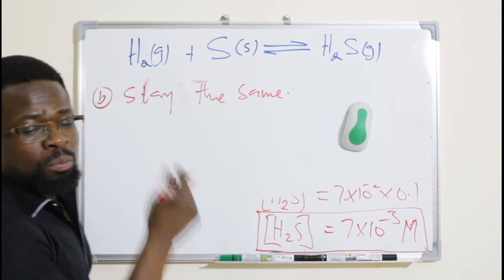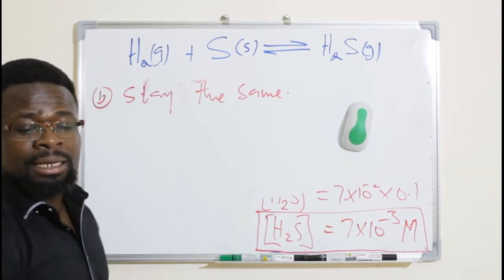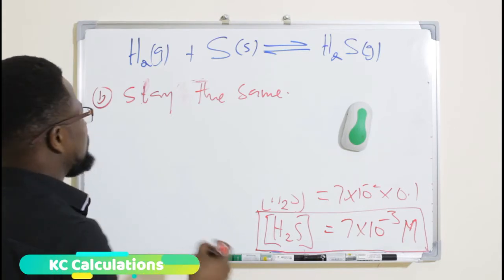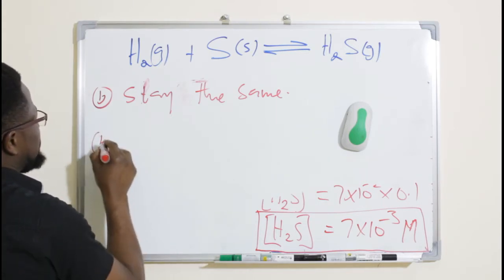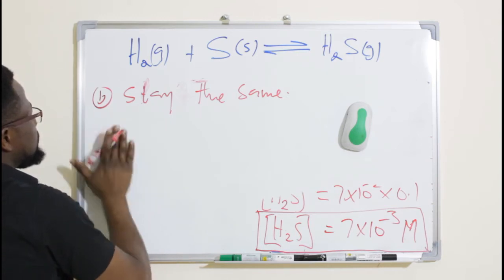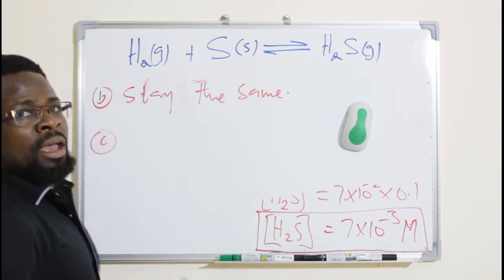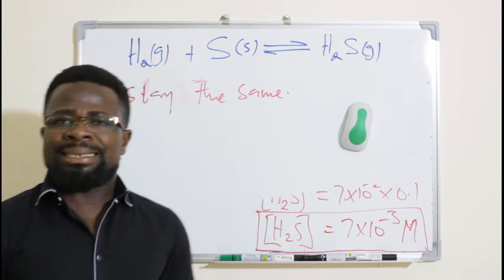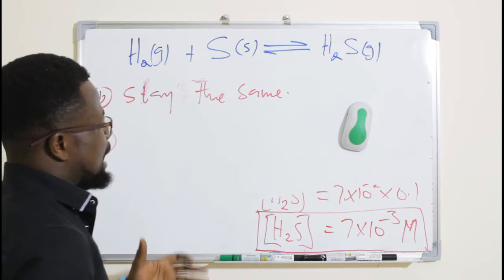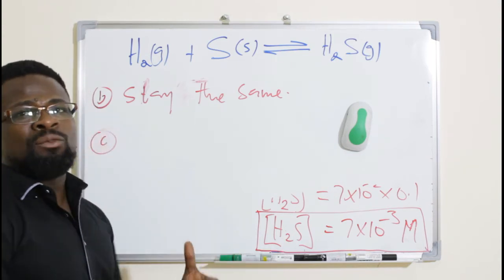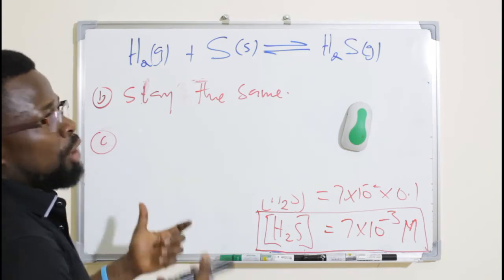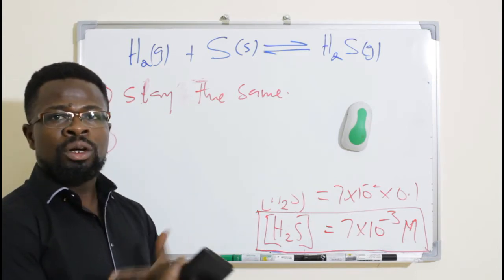Alright. Let's move on to the next one, that is, if the container is now smaller. Okay, C. If the container is smaller, what will happen? Immediately our container is smaller, it means that we are increasing the pressure, because the volume is now going to decrease.